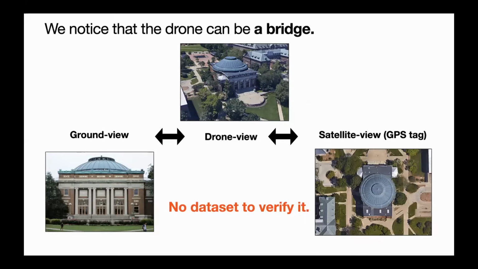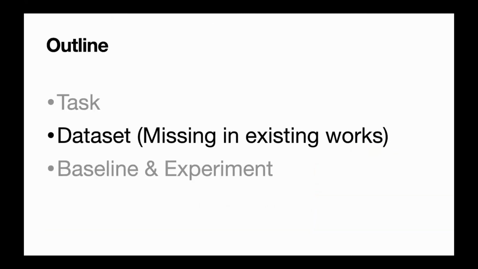In this way, we could associate the three kinds of data, and finally obtain the GPS tag in the satellite view image. However, there is no dataset to verify our idea.